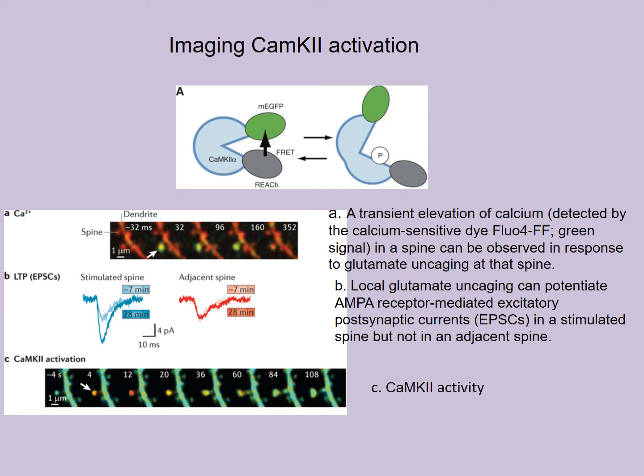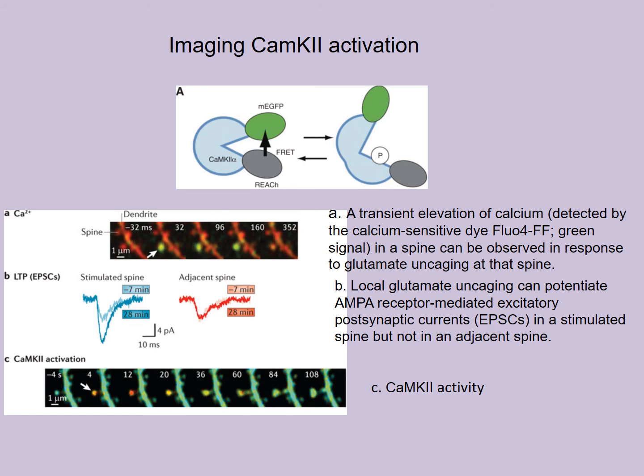So the way that CAM kinase was activated here was by inducing local uncaging of glutamate. In panel A, we have local engagement of glutamate leading to an increase in calcium concentration, and that's shown using a calcium-sensitive dye, Fluo-4, which gives you a green signal, and you can see that green signal very quickly is induced in these spines, and then by 160 milliseconds pretty much gone.